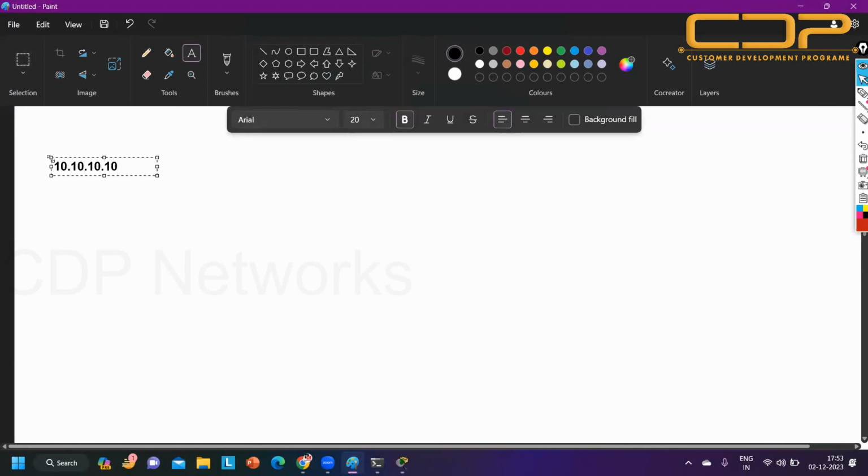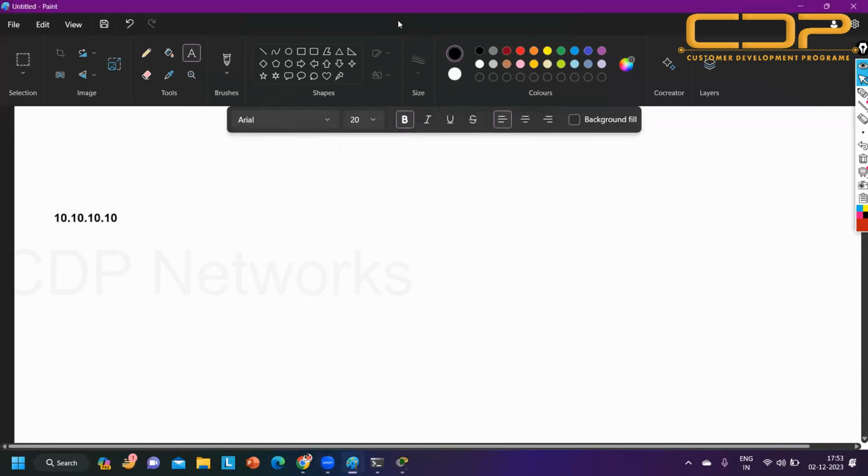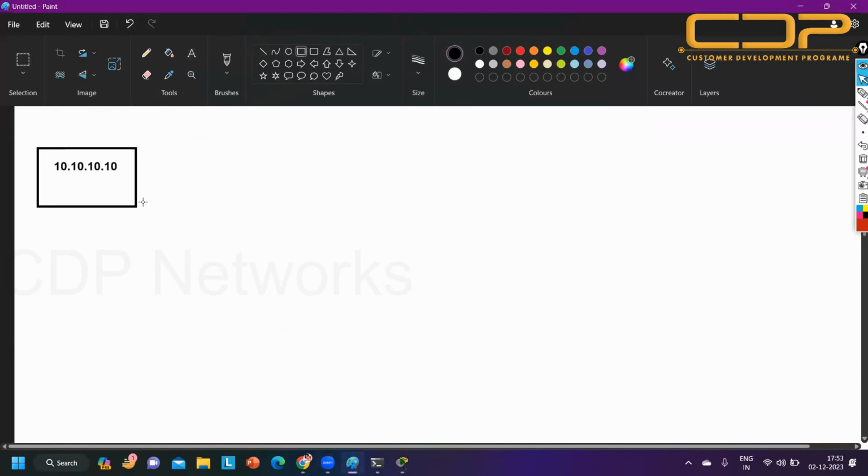This is a valid IP address, and it belongs to class A. Now 172.10.50, which class? 172 belongs to which range? Class B. Very good. Now, let's talk about this IP address. It belongs to class A, and this is a valid IP address, right?